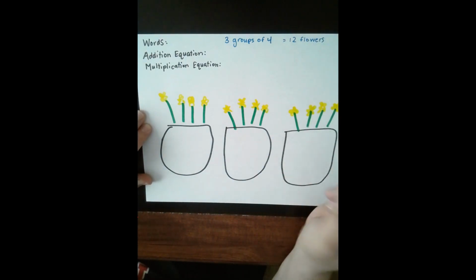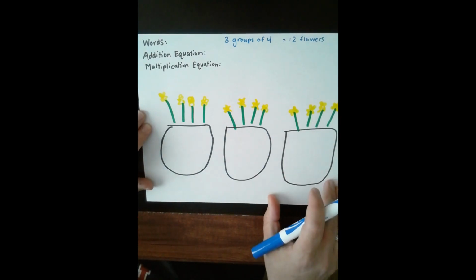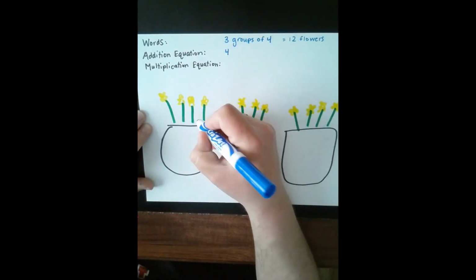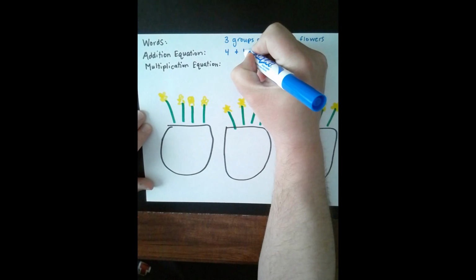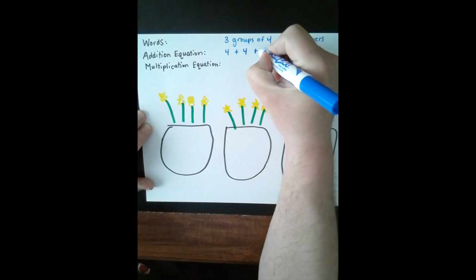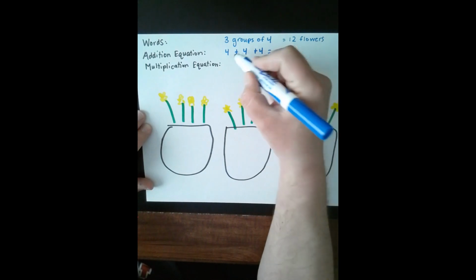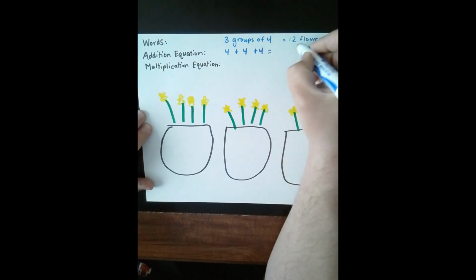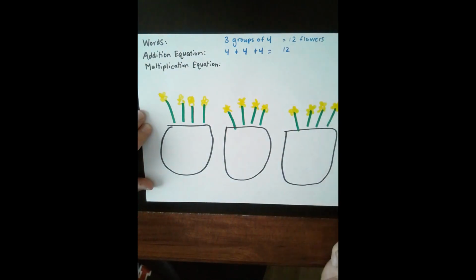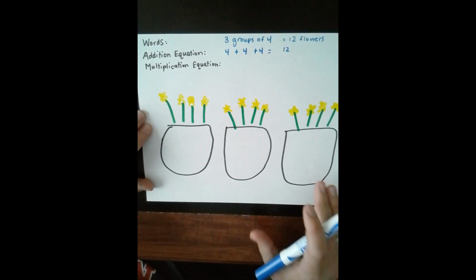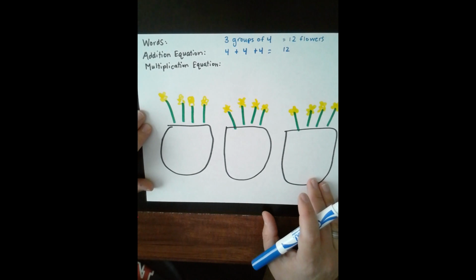Now, if we were to make this into an addition equation, it would be 4 for one group of 4 plus 4 plus 4. There we go, our 3 groups of 4. And again, when we add 4 plus 4 plus 4, we get 12. Now, as you know, we can easily do this problem by multiplying as well.